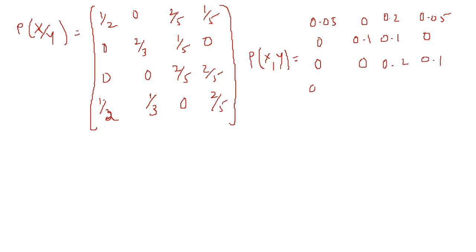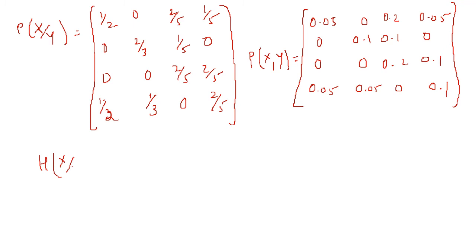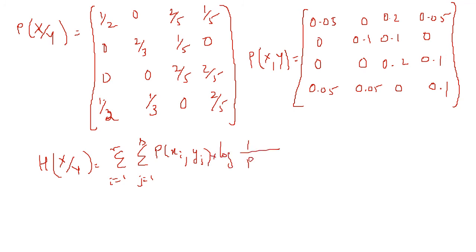The last row is 0.05, 0.05, 0 and 0.1. So this is the given joint probability matrix. Now by the definition, H of X by Y is nothing but double summation i is equal to 1 to r, j equal to 1 to s, P of xi comma yj into log of 1 by P of xi by yj.